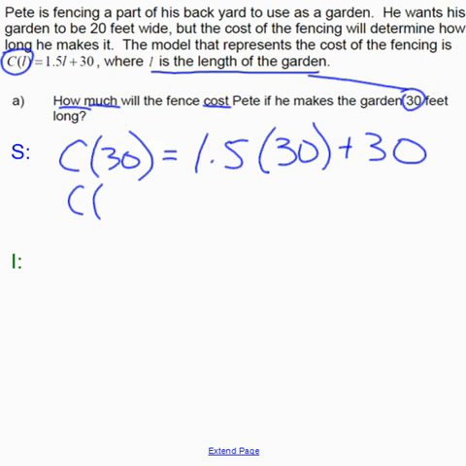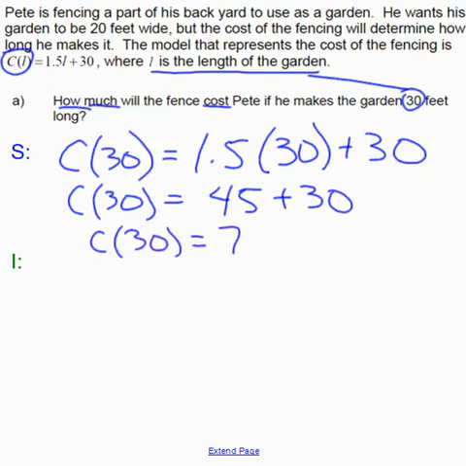So then C of 30, 1.5 times 30 gives us 45. So C of 30 is equal to 75. So the way we interpret that is, remember what C was, it was the cost.